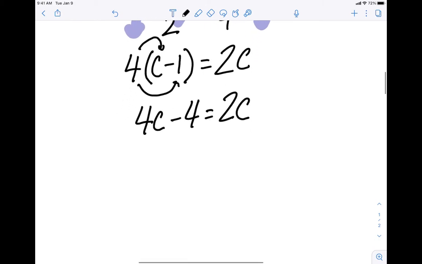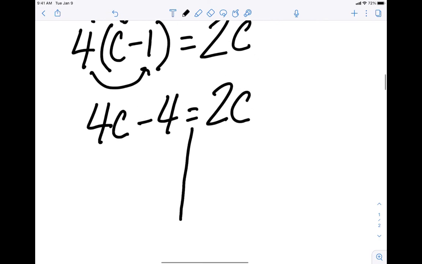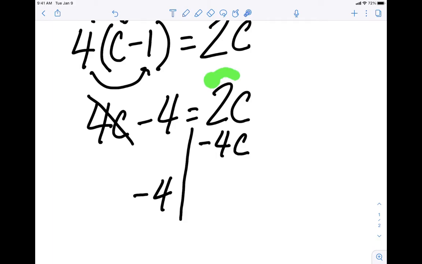Okay, I'm going to draw my line of separation. So I have my negative 4 here. So I'm going to move this 4c over this way and make it a minus 4c. So I have negative 4 here still on the left. A positive 2 and a negative 4 are not the same sign. So I got to subtract 4 minus 2 is 2.